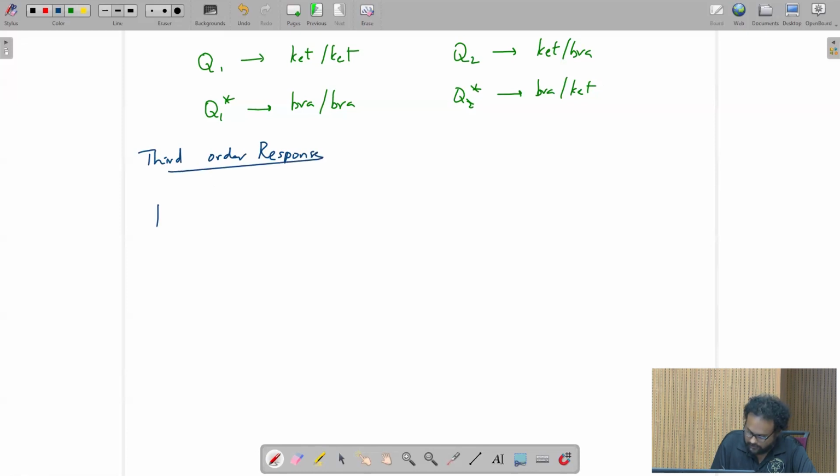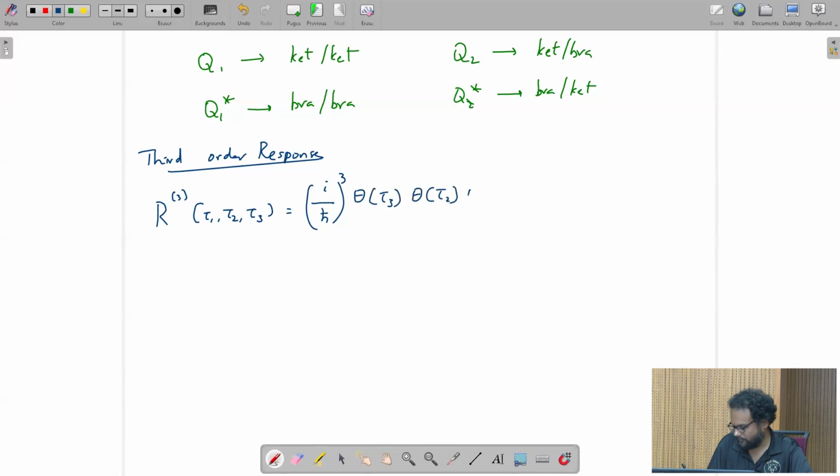Third order responses are three field interactions now. There are 3 field interactions, which means 3 different interaction times: tau 1, tau 2, tau 3. I, H bar, Q. Trace of I, tau 1.